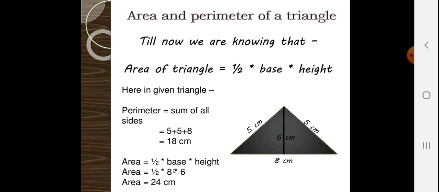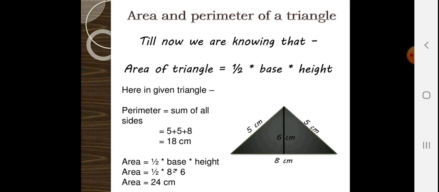Till now, you know that if you want to find the area of a triangle, the formula is 1/2 base into height. Here in the given figure, you can see an isosceles triangle with two sides the same, 5 centimeter and 5 centimeter. The base of the triangle is 8 centimeter and the height is 6 centimeter.